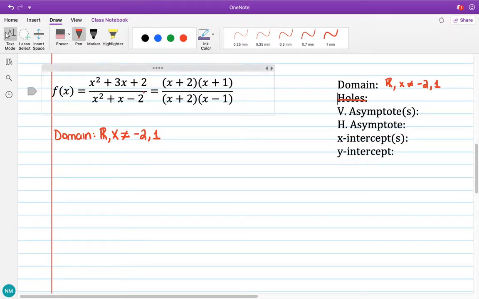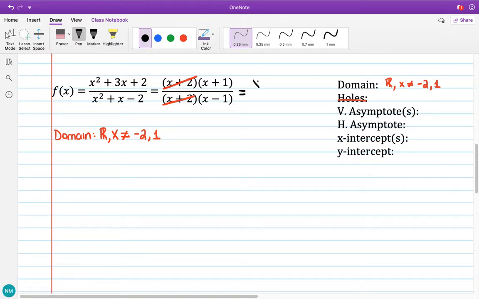Because I have this discontinuity, I have this common factor that I can cancel out. Technically speaking, this is really equal to, I cancel these out, x plus 1 over x minus 1. But does the domain stay the same? Yes. The domain does not change.